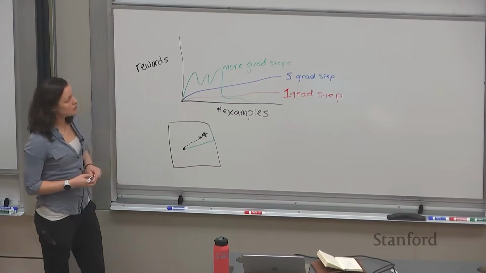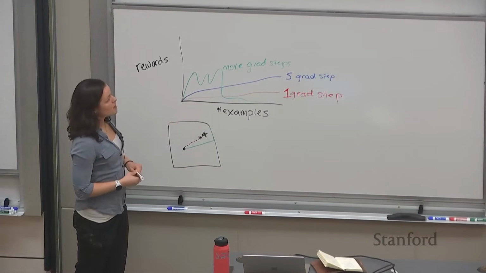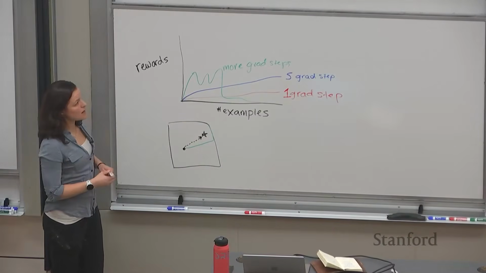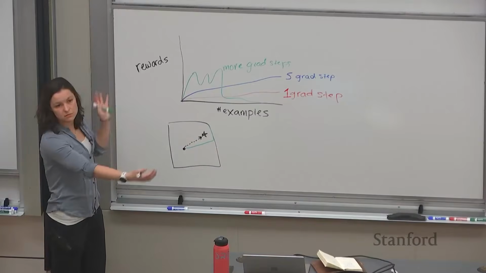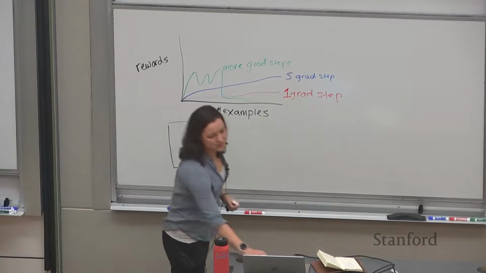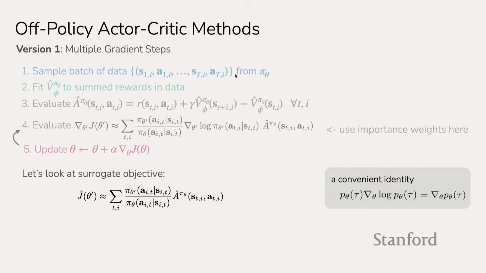Yeah. So what happens when the A network is too old? The advantage estimates are going to be based off of some batch of data. It's not infinite. It's going to be a batch of data that might be around a few thousand time steps of data. And those advantage estimates are also under the old policy, before we took any gradient steps.